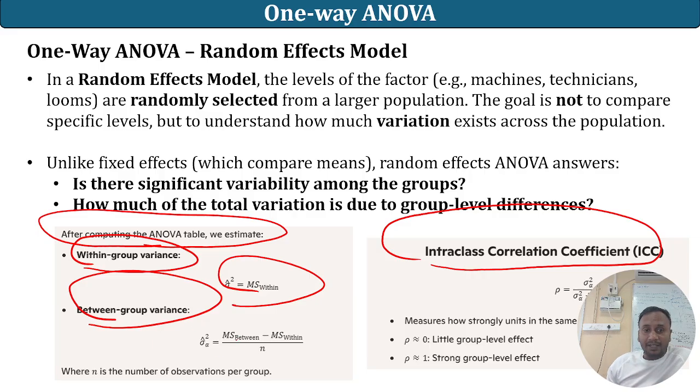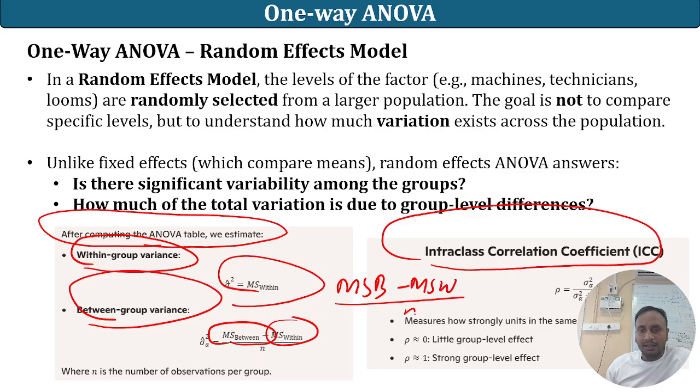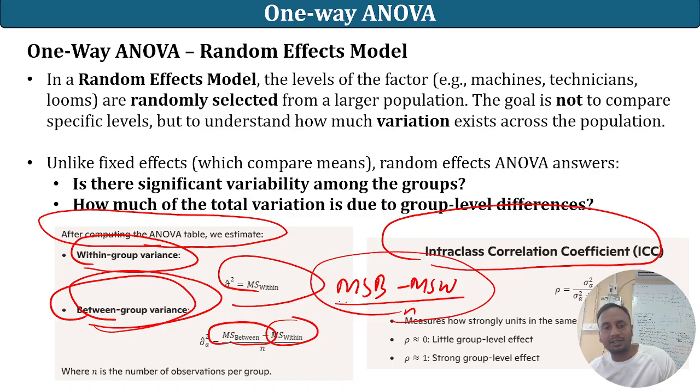Between group variance will become MS between minus MS within. Let's say I have calculated MSB minus MSW by the number in each group. So we will get the between group variance. Then the interclass correlation we will get from sigma square by sigma square.